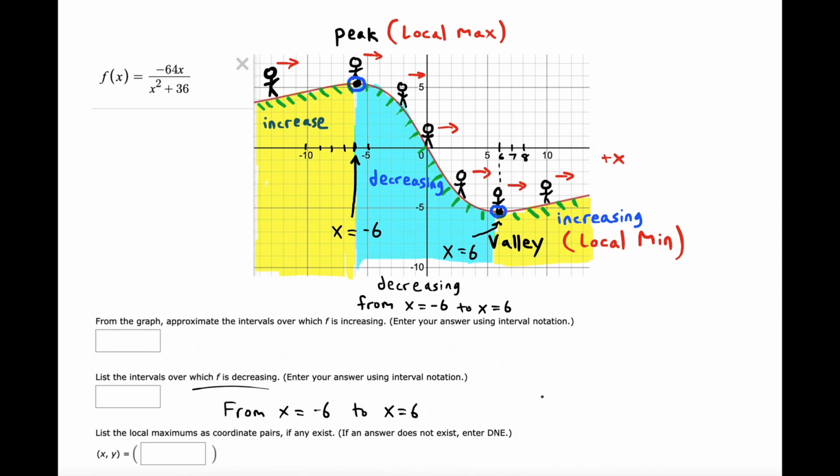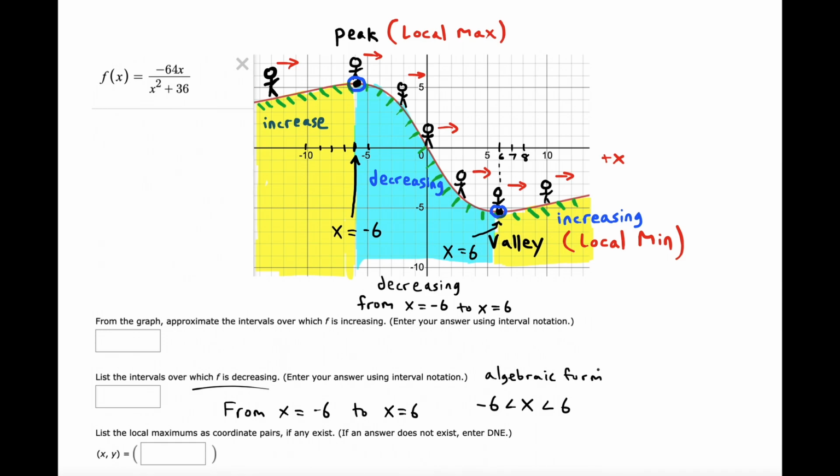But now to put that more into symbolic form, we could write it like this, that we're decreasing between an x of -6 and an x of 6. So anywhere between -6 and 6, these are locations where our graph is decreasing. This is called algebraic form when you write it like this.